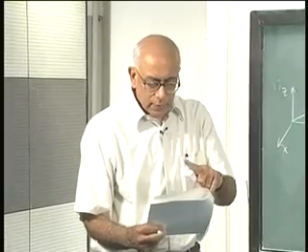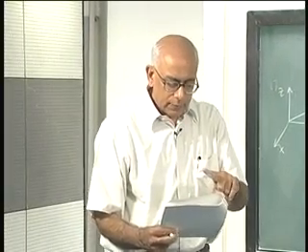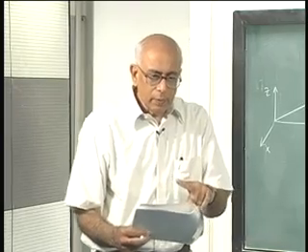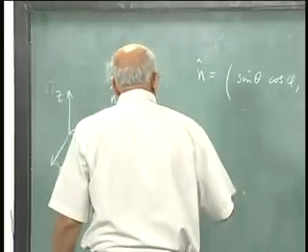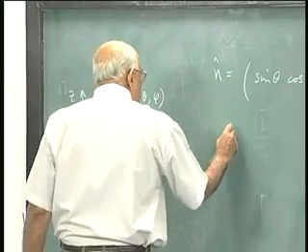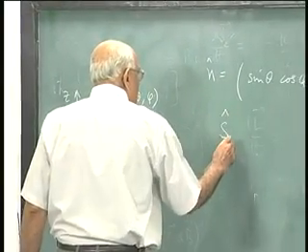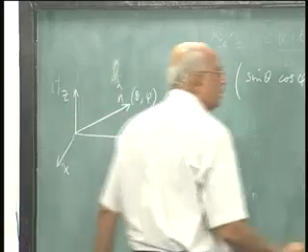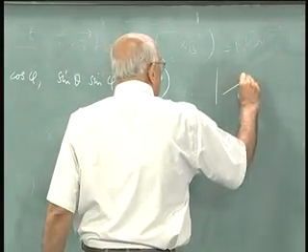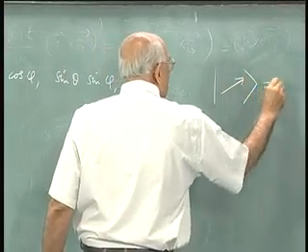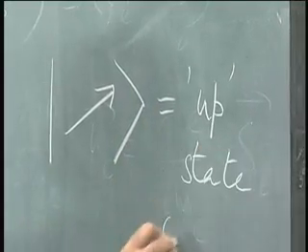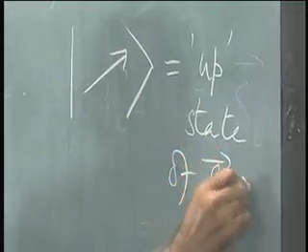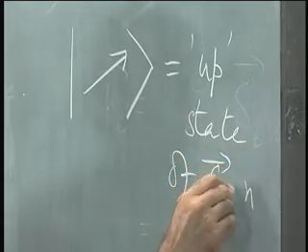What is the up state for this? I would like to know what the up state is for this guy. So let me denote it as the up state of S dot n, or sigma dot n.